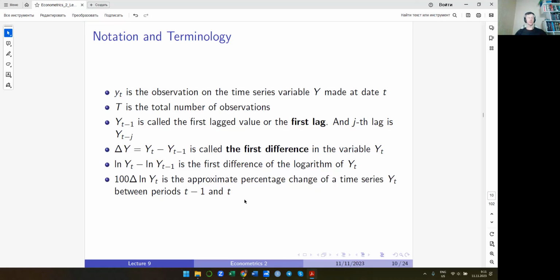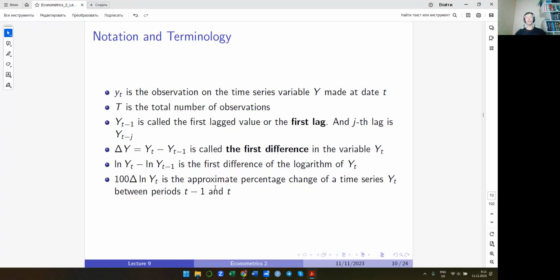Remember, you had in your midterm some questions about interpretation of linear-log, log-linear, and log-log models. Whenever your variable has a log transformation, immediately it has the following interpretation. When there is a change in such a logged variable, when you multiply this by 100, you get the percentage change of this variable.